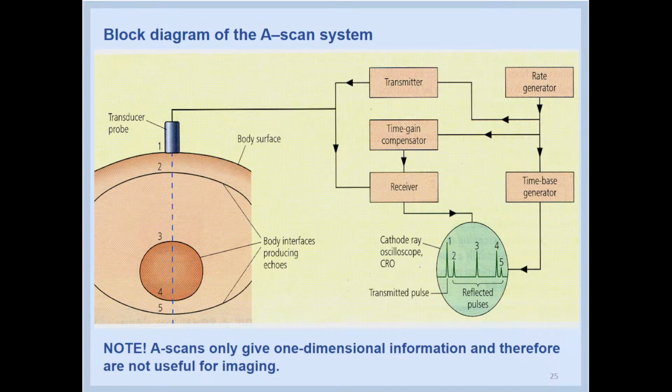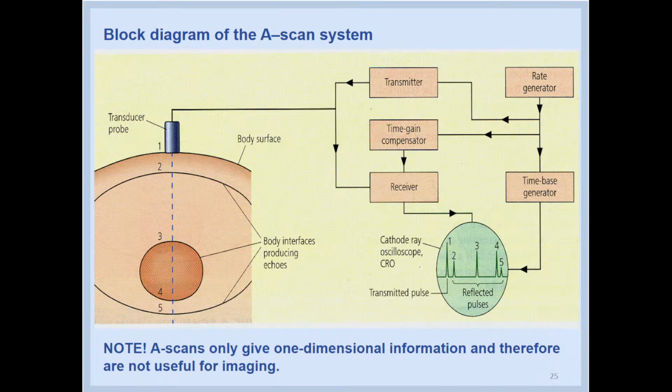The time gain compensator, it is very interesting. Its role is to control the exact amplification, that is, the gain of the returning signal. The reason is that due to attenuation of ultrasound pulses in the body, echoes from deeper interfaces tend to be very weak. These weak signals might contain valuable information.